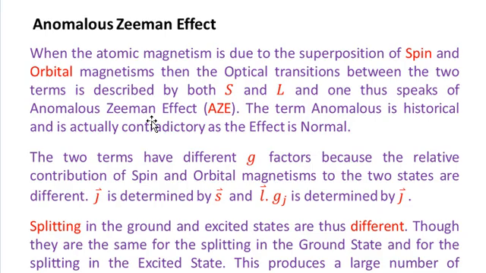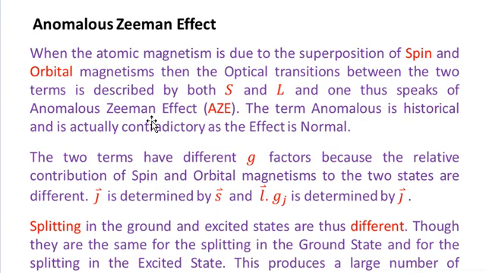In the beginning, when the number of lines was observed, it did not match that of the ordinary Zeeman effect, because the number of lines in the case of the anomalous Zeeman effect was greater. That's why the name anomalous was given earlier to this effect.